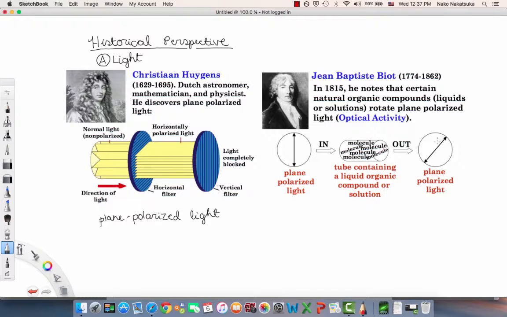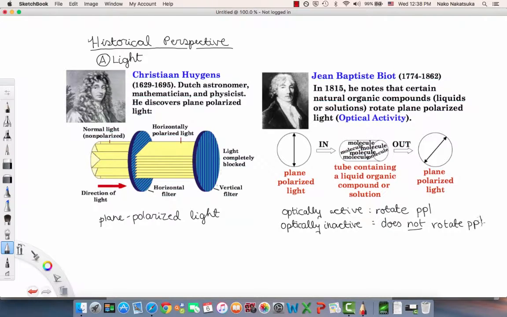And so this was really important because he found that optically active substances rotate plane polarized light, which I'm going to start abbreviating as PPL because that's a lot for me to write every time, and optically inactive substances do not rotate plane polarized light.